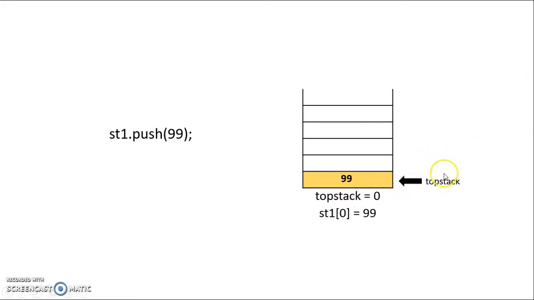So top will point to position 0, and at st1 position 0, the element value will be 99. Next, we will look into st1 push 44. So top will definitely increase by 1, and it will point to position 1. And the second element of st1 will be 44.